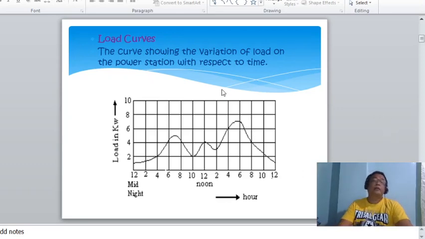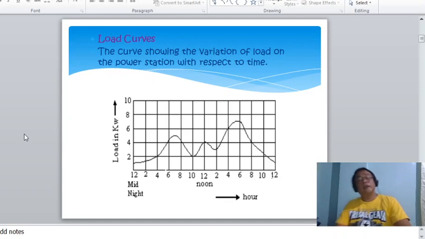If we look at the load versus time diagram, here in the abscissa is 24 hours, equivalent to 1 day, from 12 midnight to 12 midnight again.